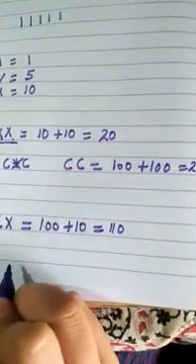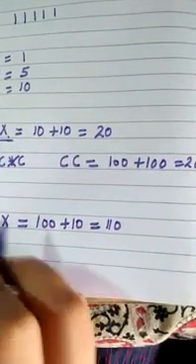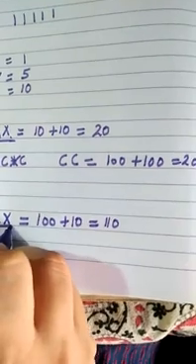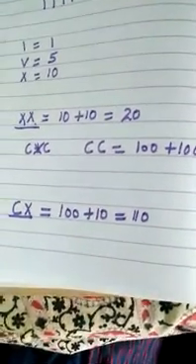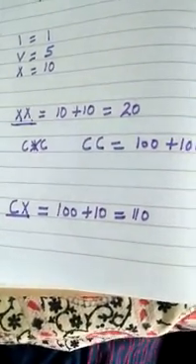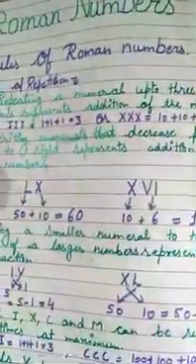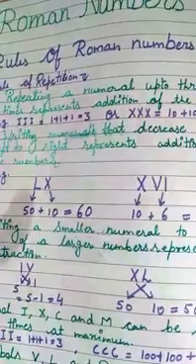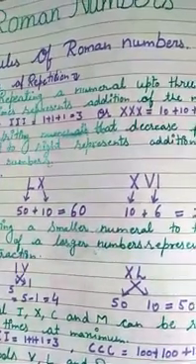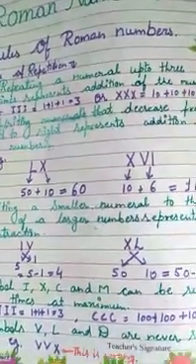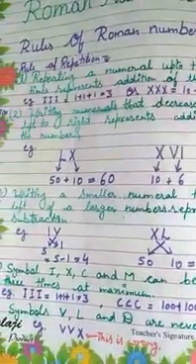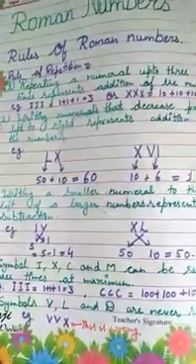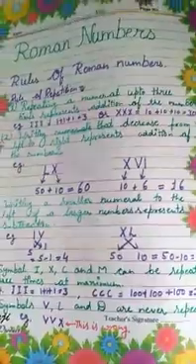So how can we write 110 in Roman numbers? That is CX. Clear? So, this is the rule of addition. We have to write the numbers from left to right. On the left side, the number should be large, and on the right side, the number should be small. Then we will add both the numbers.